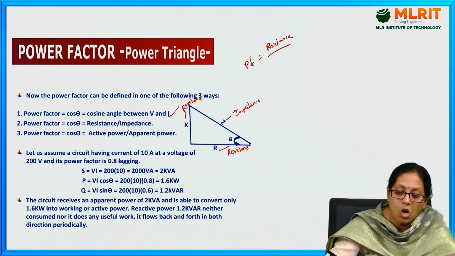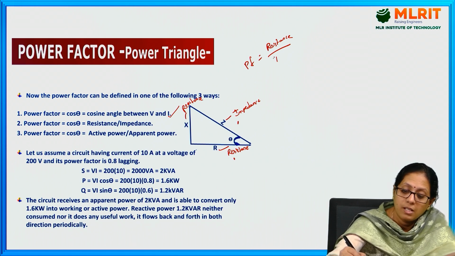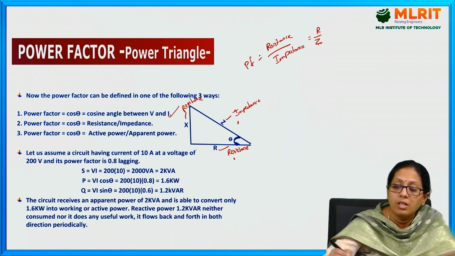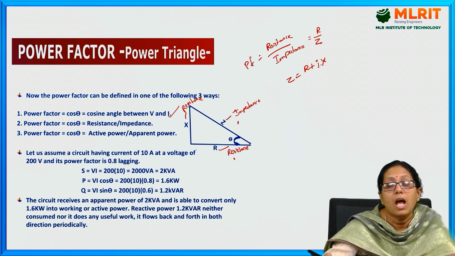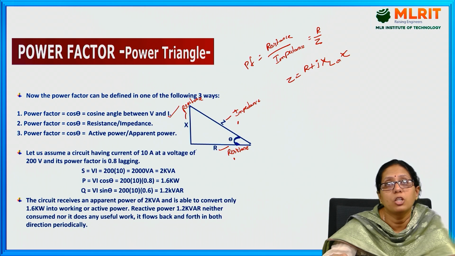So cos theta is equal to resistance by impedance, that is R by Z. Z is nothing but R plus j times X. This X may be XL or XC or a combination of X.